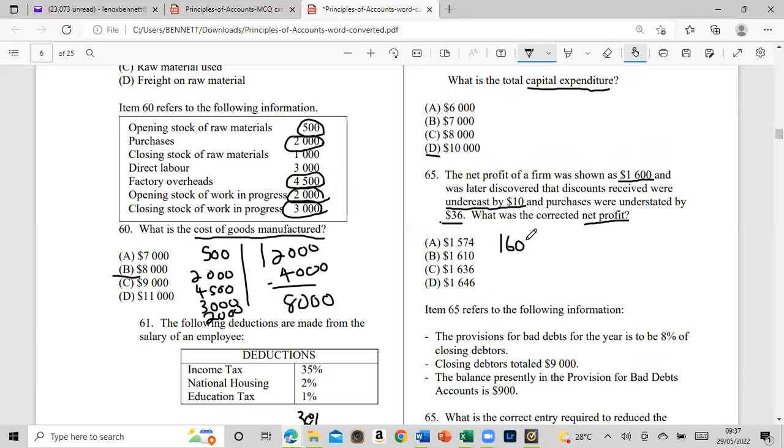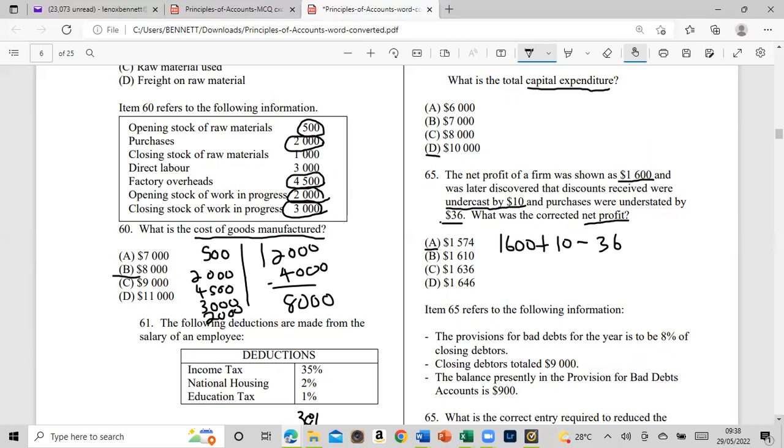All right, so we have $1,600. The discount received were undercast, so we're gonna add the discount, which is $10, and then let's see, the $36 were understated, so minus 36, right? That is 1,574.